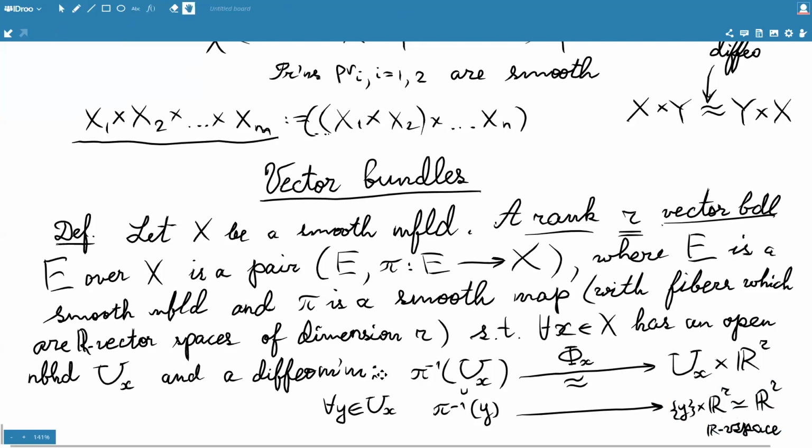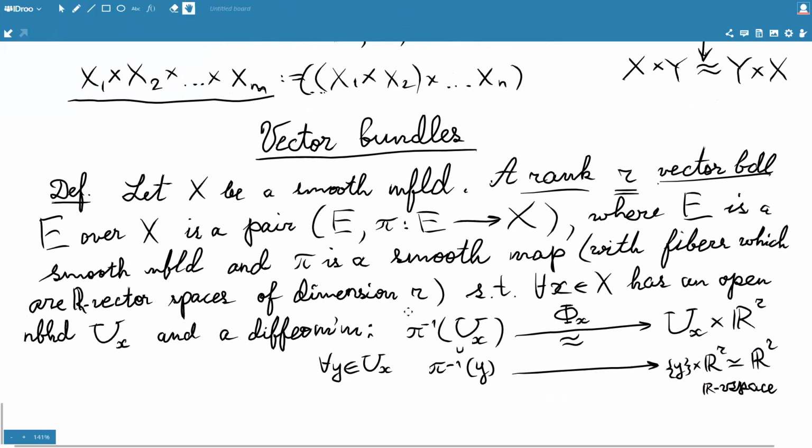So this is how the structure of a vector space of dimension small r is supplied to this fiber π^{-1}(y).